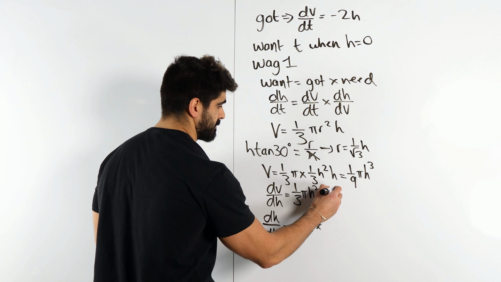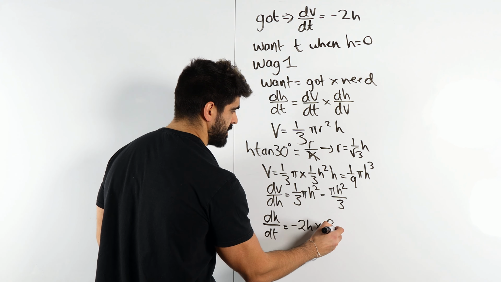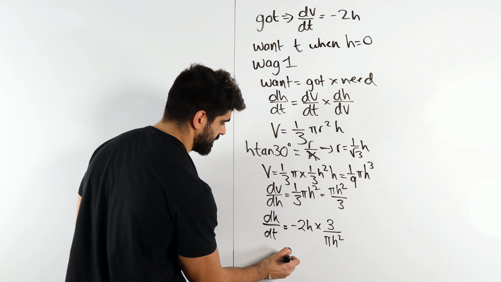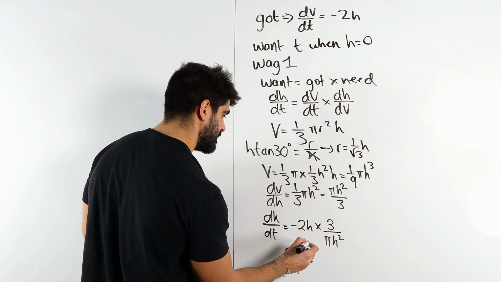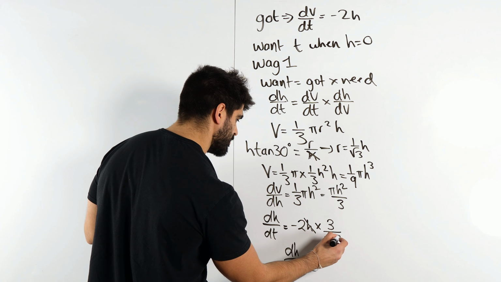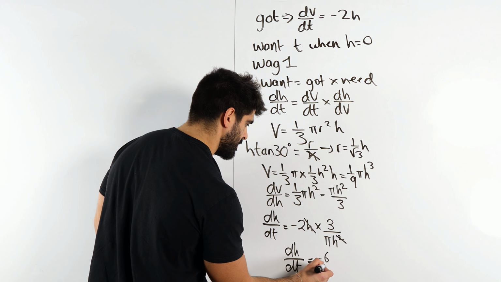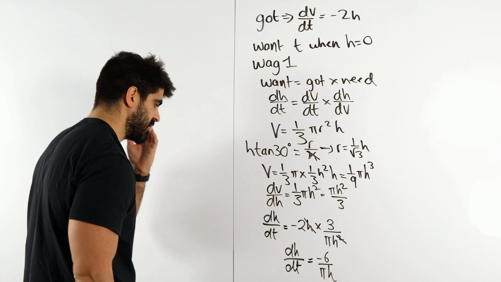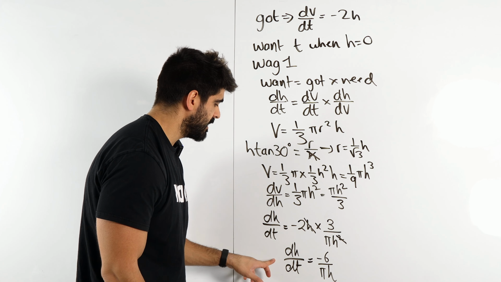I'm actually going to write this as pi H squared over 3, so I'm going to do 3 over pi H squared. So we get dH by dt is, oh, that cancels. I get minus 6 over pi H, which is even nicer than the one I had before. Times through by H.